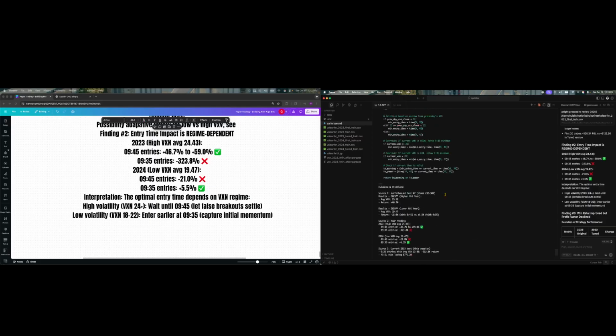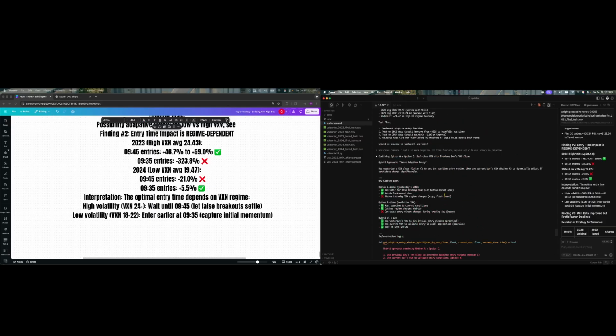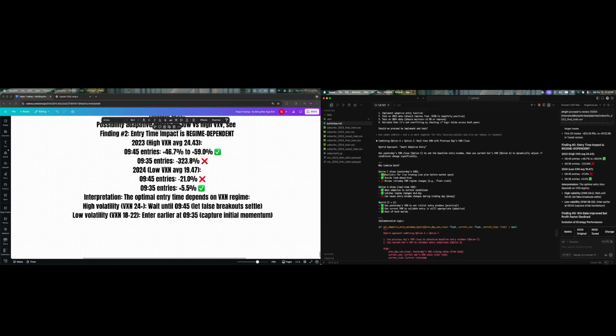Oh, let me see what they got. Okay, let's see what you brought out. Combining option A and C, real-time VXN plus the previous day close, is a hybrid approach, a smart adaptive entry. It uses yesterday's close, option C, to set the baseline for the entry window, then uses the current VXN to dynamically adjust if conditions changed significantly. Why combine both? Option C, yesterday's close, is realistic for live trading, can be planned before the market open, and avoids look-ahead bias, but it misses intraday changes and flash crashes.